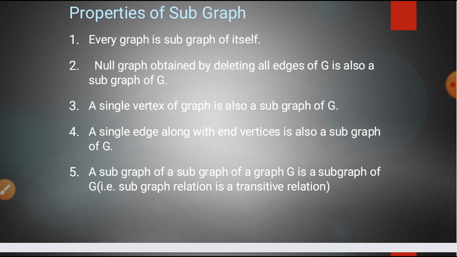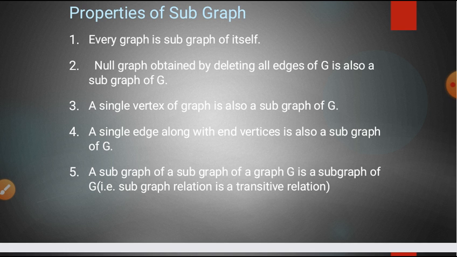Of course it is a subset of itself, so we can say a graph is a subgraph of itself. The second property is that the null graph obtained by deleting all edges of G is also a subgraph of G. If there is a given graph G and we remove all edges from it and only the vertices of G remain, we can say that is a null graph.